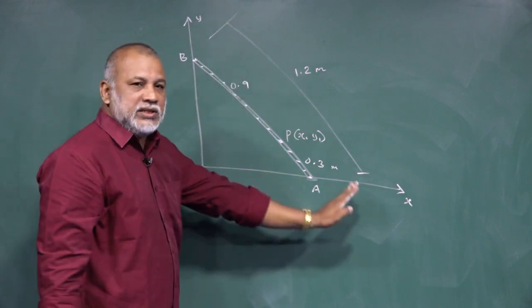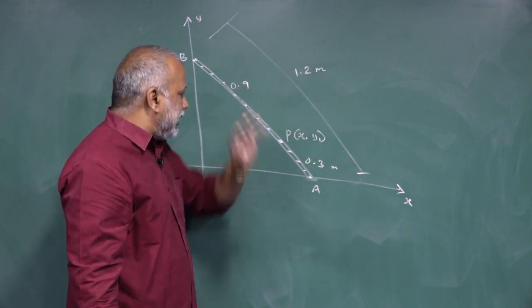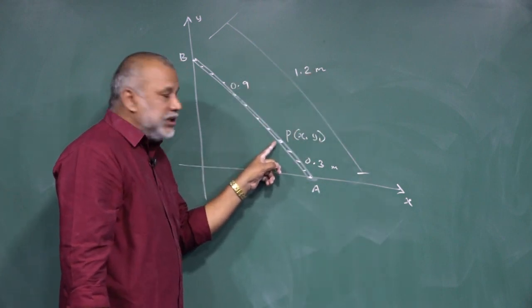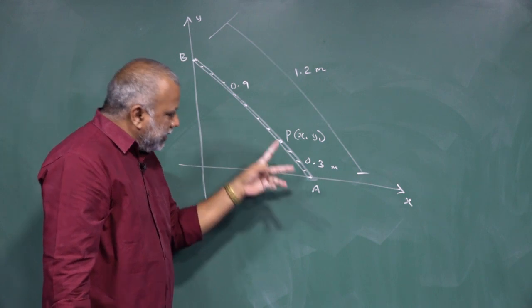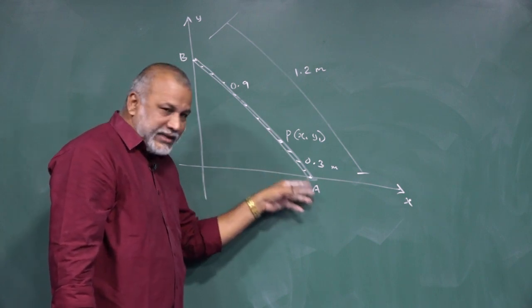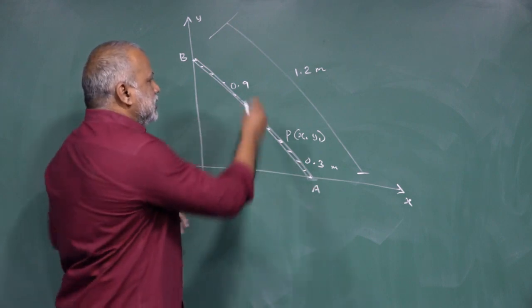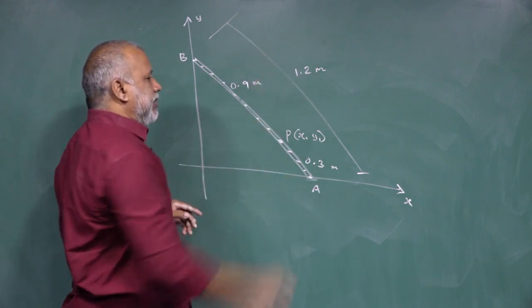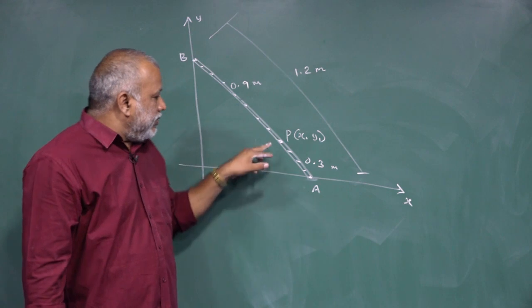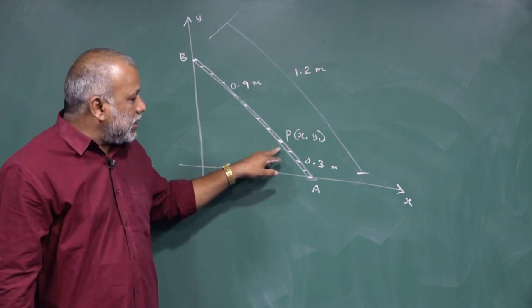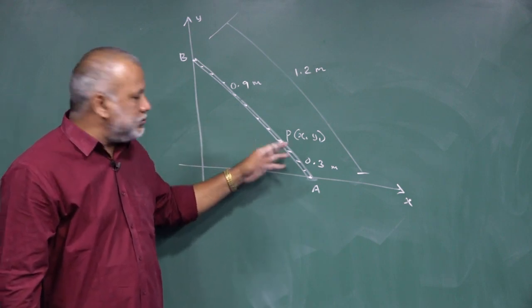P is a point lying on this rod, 0.3 meter from A and 0.9 meter from B. Now we are going to find the locus of this P of x1, y1.